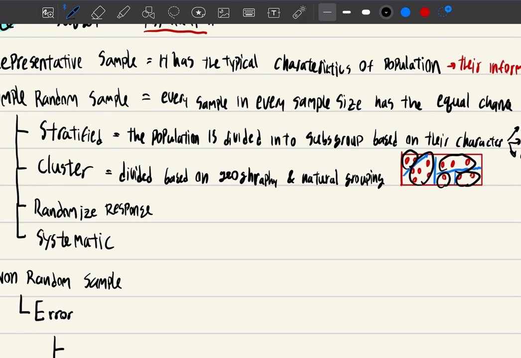Let's move on to the next one, randomized response sampling.